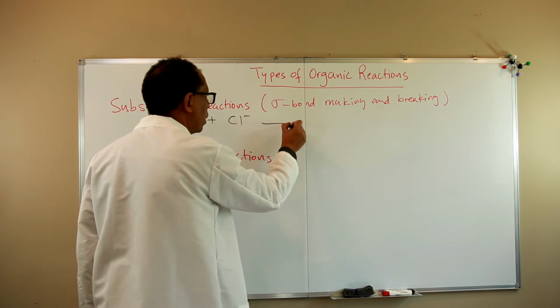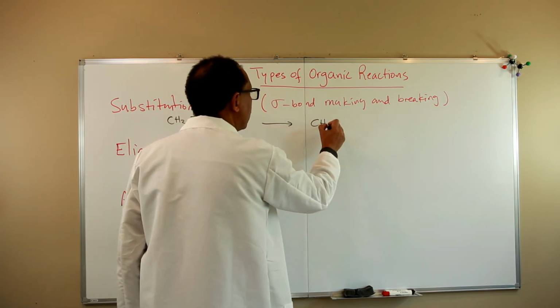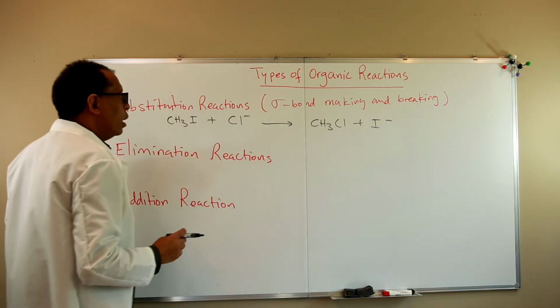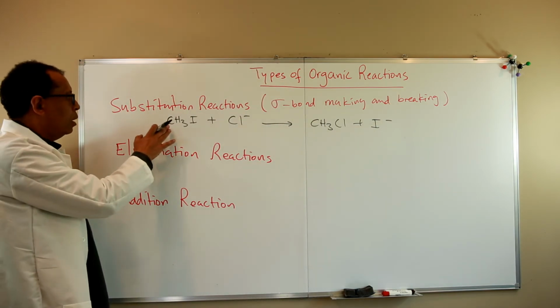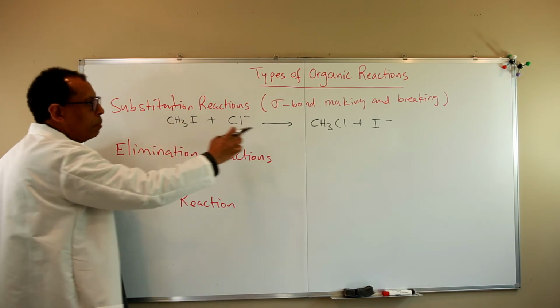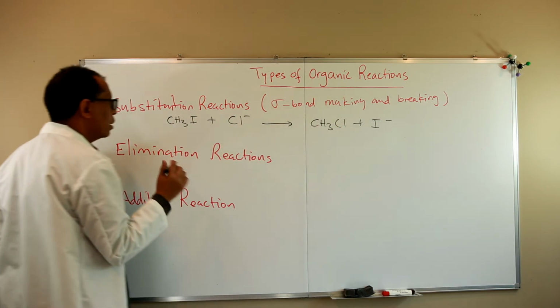This is the product you will get, plus iodide. Here what you see is the breaking of the carbon-iodine bond and the making of a carbon-chloride bond.